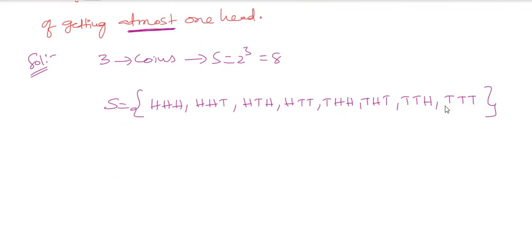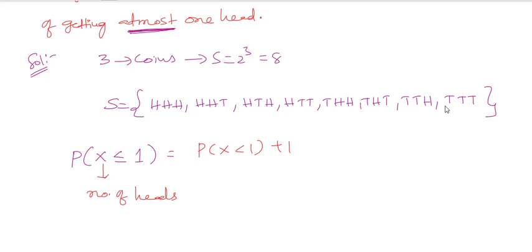They have said at most. At most means, as in your earlier case, less than or equal to. So the probability of getting at most one head is P(x ≤ 1). Am I right or not? Here x is the number of heads. So x less than or equal to 1 can be represented as the probability of x less than 1 plus the probability of x equal to 1, covering both cases.